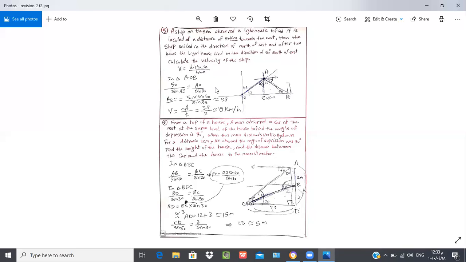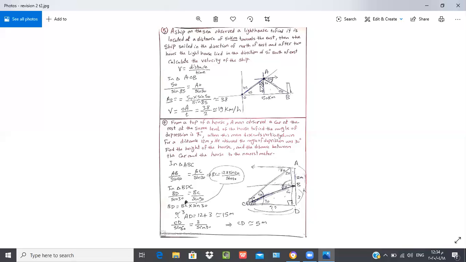I need the distance, which is OA. So I will work on triangle OAB. I have a side here, so this side over the angle opposite it. What is the angle? Here 45. So make a perpendicular. Here 45 and this one 90, 50, this 40. So if you add them, it will be 85.